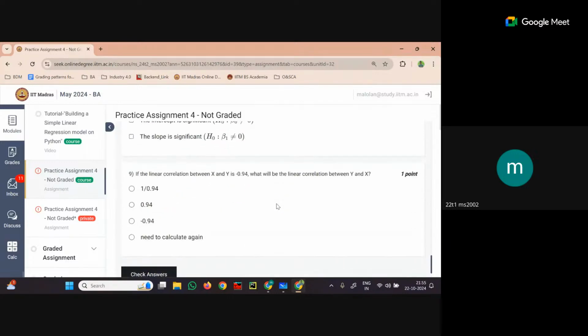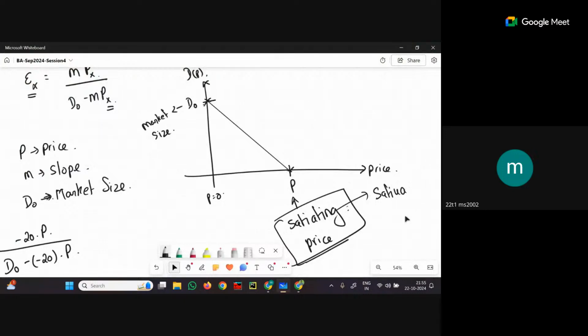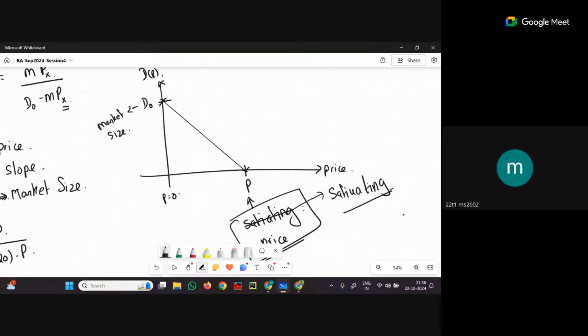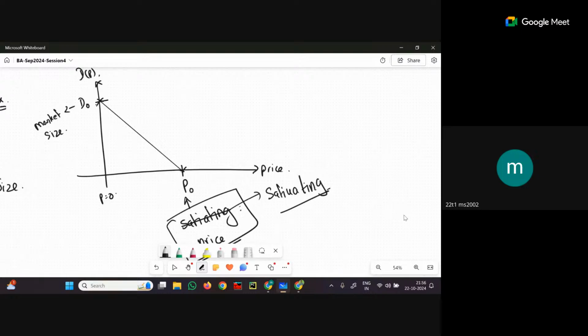Parameters, hypothesis. I have not asked it here. This is right. It's satiating price, the price at which demand becomes zero.